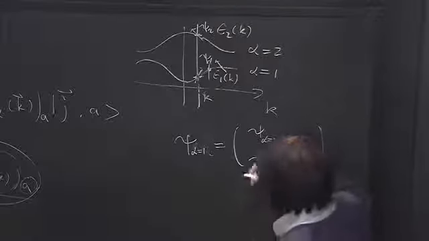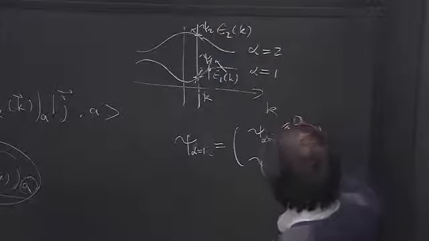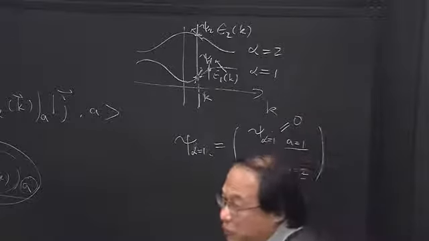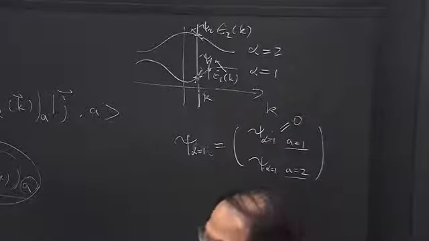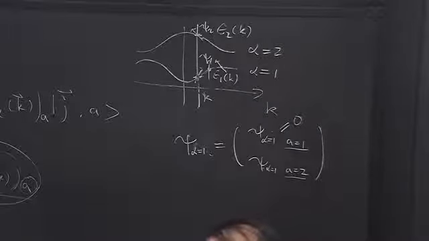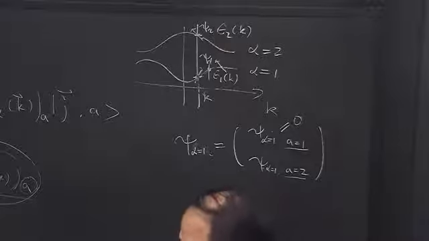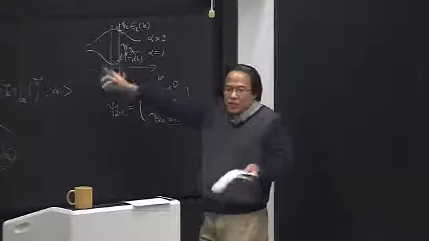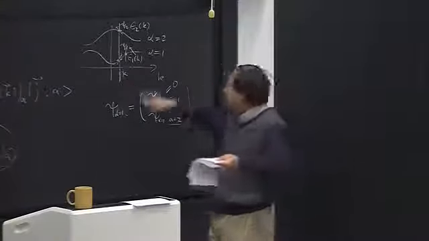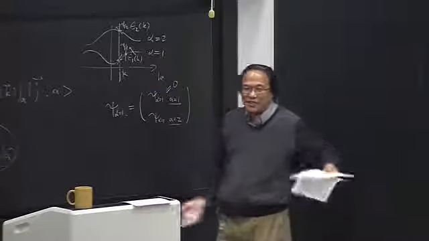For example, if this happens to be 0, that means this plane wave is very special. This plane wave only lives in the second site of the unit cell. They don't live in the first site. So you can see how the plane wave is distributed in the two sites within the unit cell. And this distribution is k-dependent. Sometimes, say here, maybe they distribute equally. And here, maybe they are opposite.